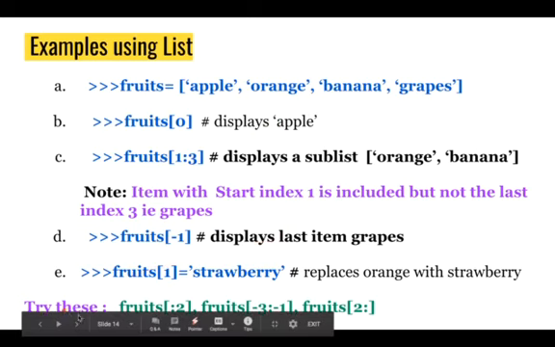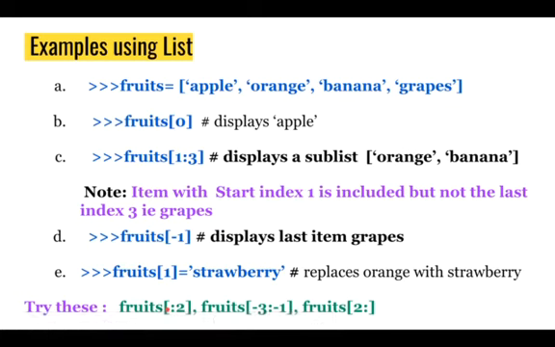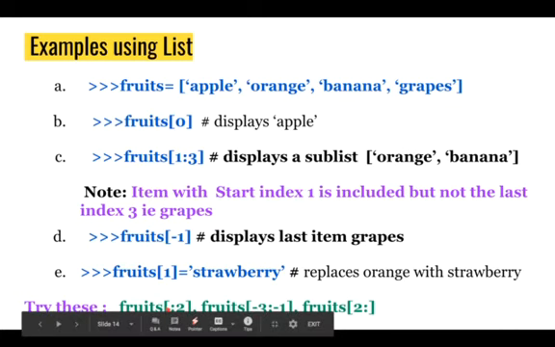You try these examples also. Each one gives a different result. Here, while specifying the range, the first index is not specified. That is, we start with a colon and the end index.